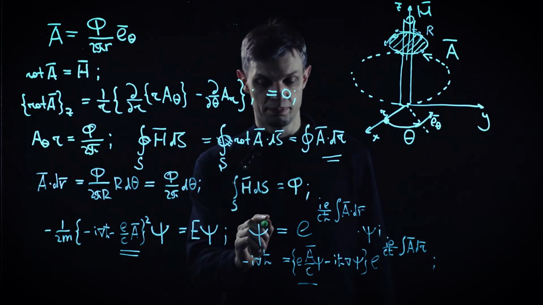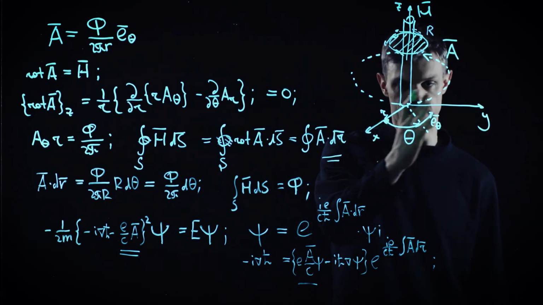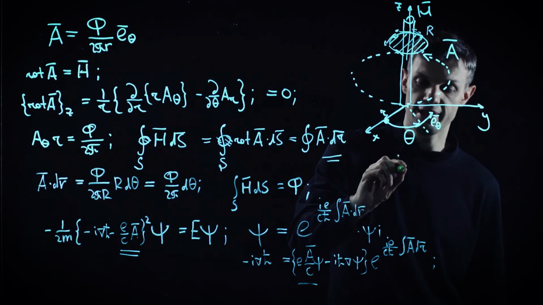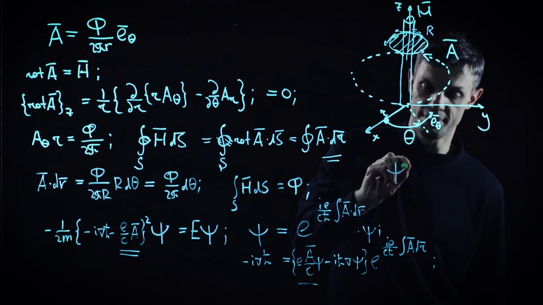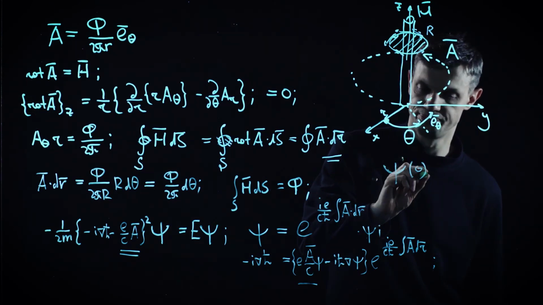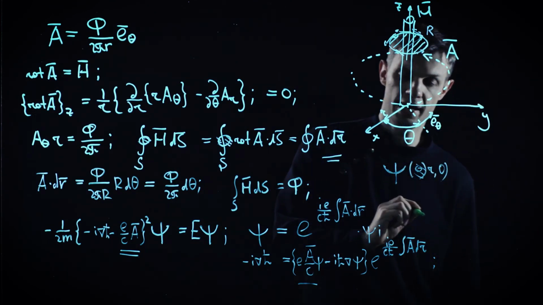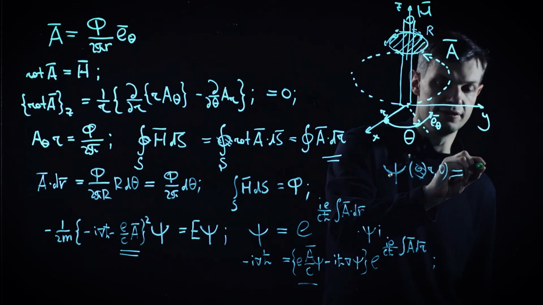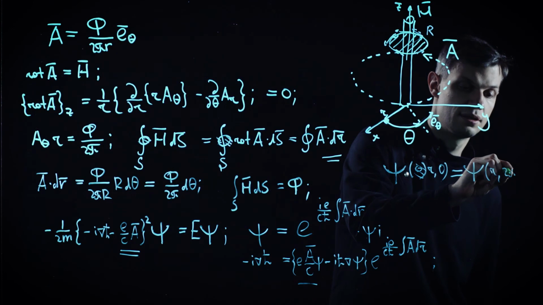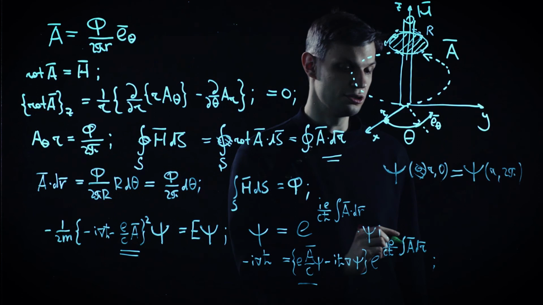The only remnant of the presence of the magnetic field is in the boundary condition, because our wave function, capital Psi, should be single-valued in the entire two-dimensional region, I mean the x and y region. And that means that capital Psi of r and 0 polar angle should coincide with capital Psi of the same function taken at the same point but at angle 2 pi.